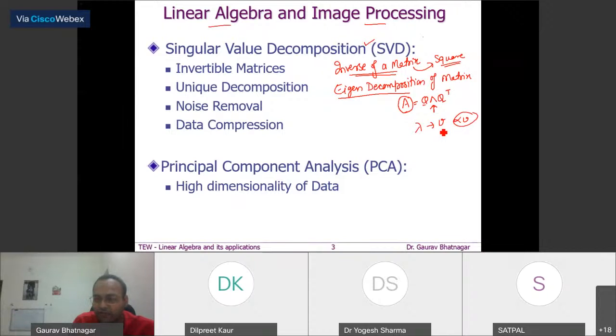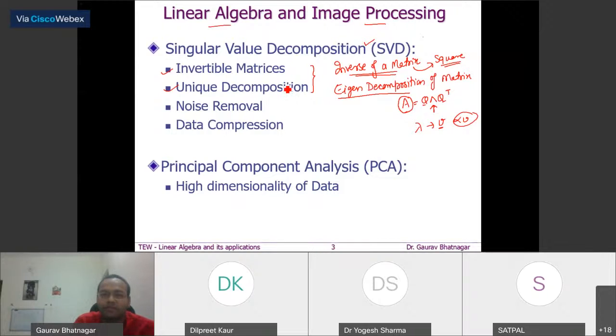Hence this V is not unique, so Q is not going to be unique. But now we are looking for something which will give us something unique even for rectangular images. And we are more interested in invertible matrices and unique decompositions. These are the two scenarios which come from the mathematics point of view.